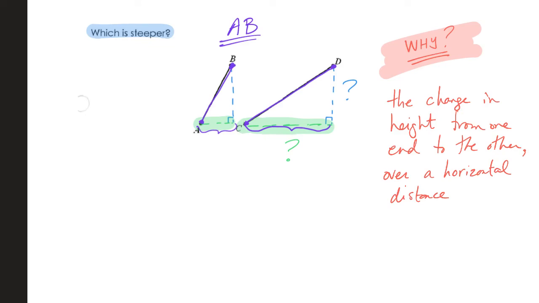And that's my green portion of my diagrams. That is shorter. Really, I like that as a description better: the change in height from A to B over the horizontal distance is shorter than the change in height from C to D over that horizontal distance. I think that's getting us to what is slope.